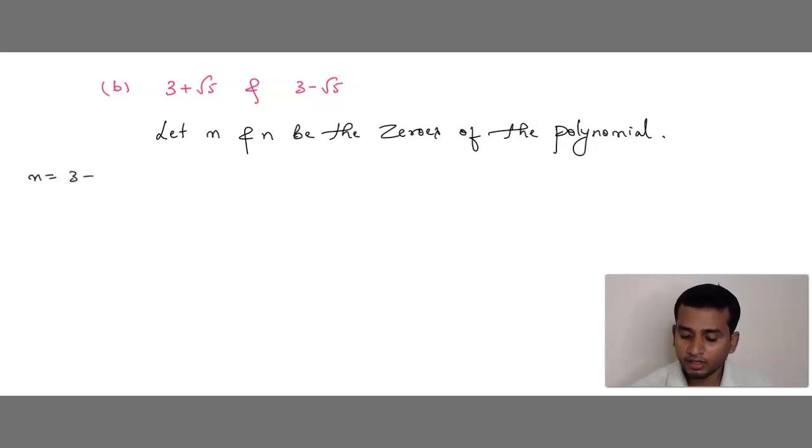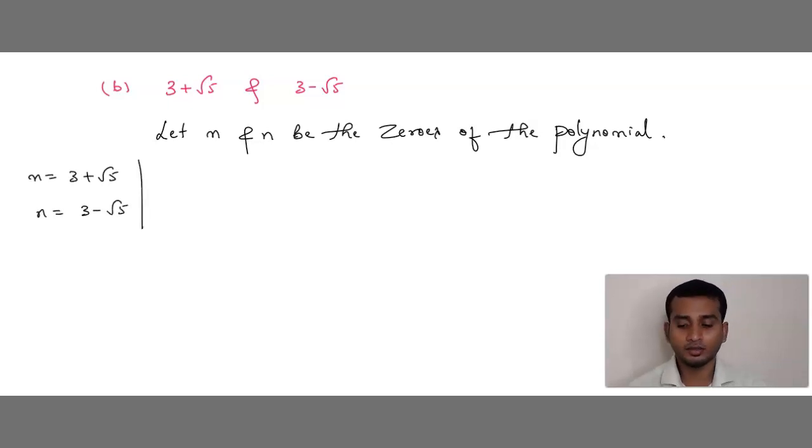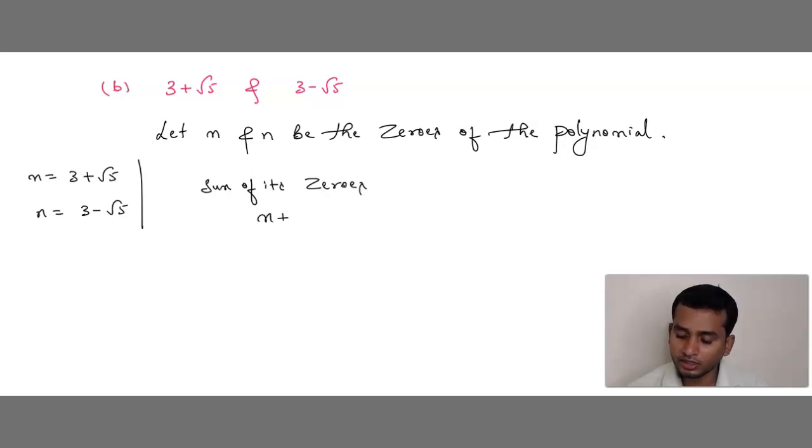So m value is 3 plus root 5 and the value of n is 3 minus root 5. Done. So first, what should we find? Sum of its zeros, right? That is nothing but, instead of alpha plus beta, write m plus n.